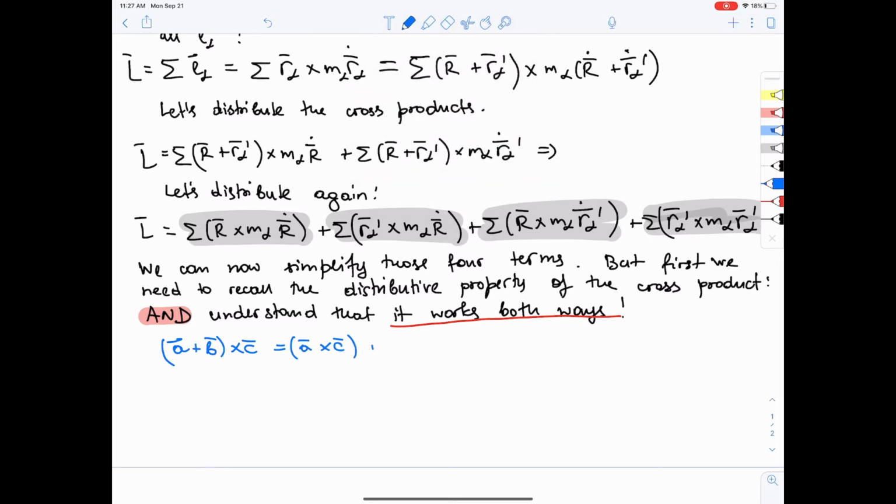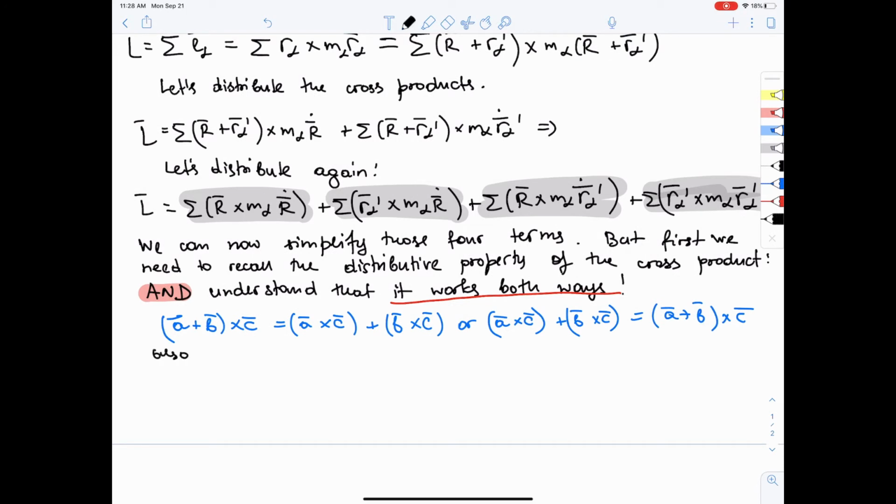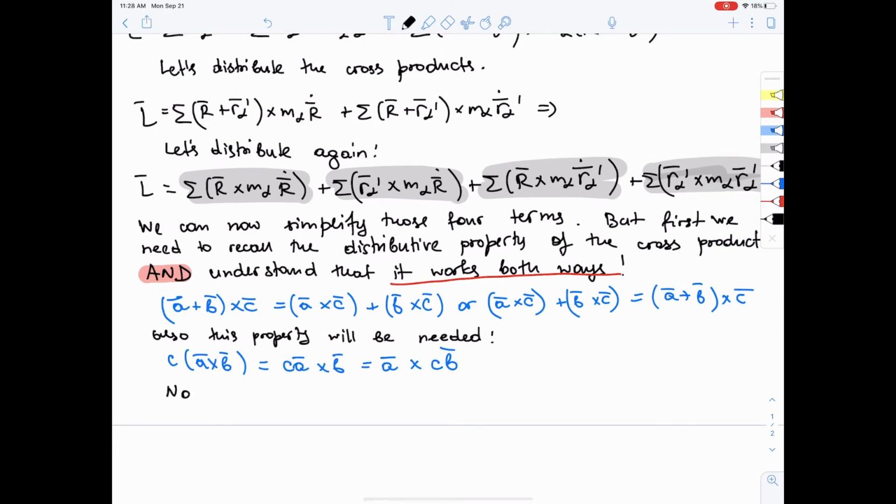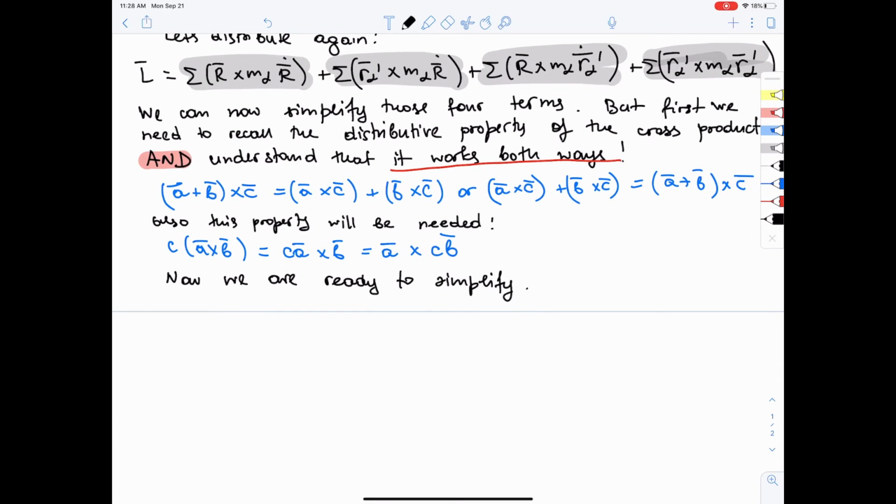So first, the distributive property, again, it works both ways. And also the property that concerns scalar multiplication.